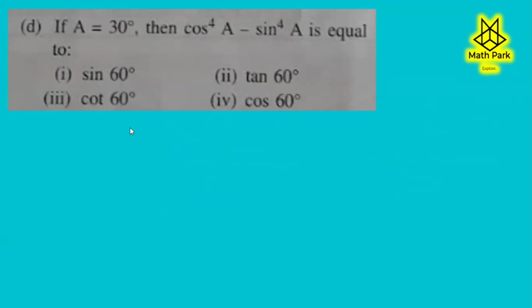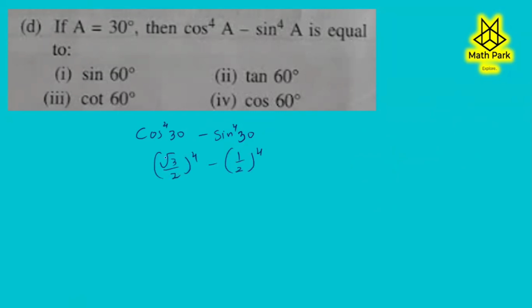The D part: cos raised to 4A minus sin raised to 4A. So we have cos 30 to the power 4 minus sin 30 to the power 4. Cos 30 is root 3 upon 2 to the power 4, minus sin 30 is half to the power 4.